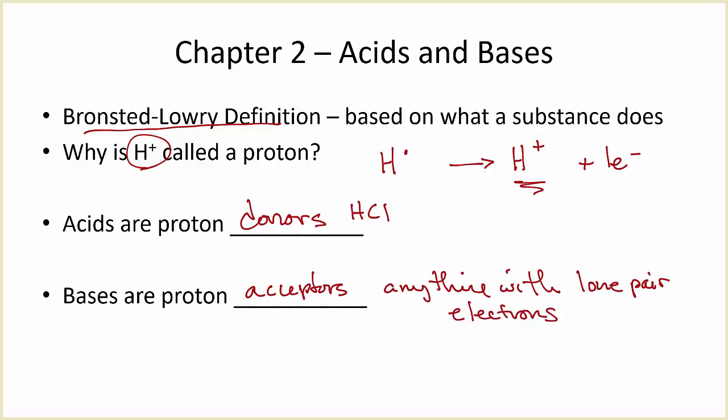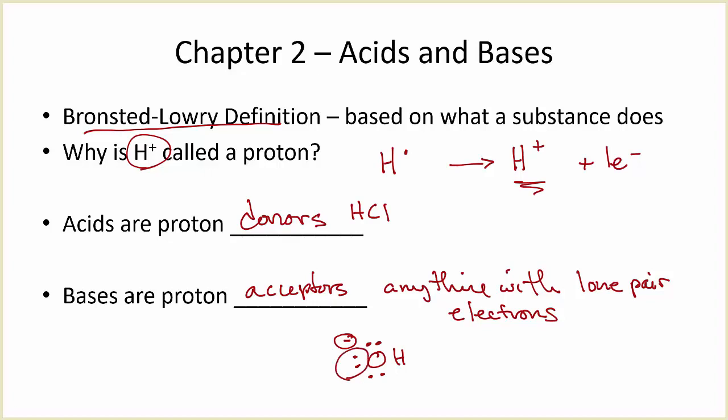And you may not have thought about acids and bases in that way, but if you think about OH minus, we can draw the Lewis structure for OH minus. What does OH minus have on it? Well, if you have been practicing your Lewis structures, you should come up with that fairly quickly.